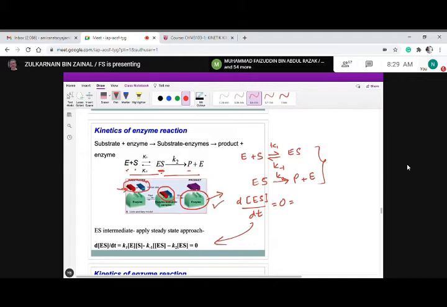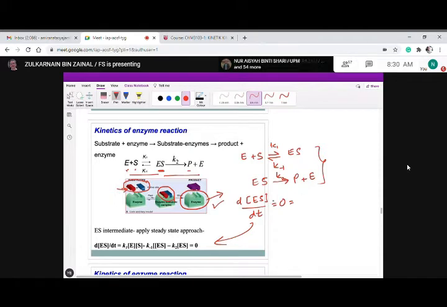In fact, three steps, because the first step is an equilibrium or reversible process between the enzyme and the substrate, and it forms ES, which is the complex, and ES then further reacts to produce a product, and the enzyme is released, and then the enzyme can go on to react with another substrate, right?